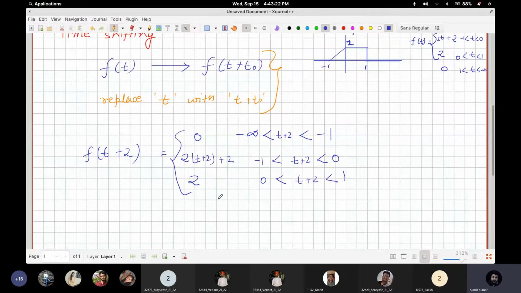And in the last one it's again going to be 0. Here you have t between 1 and infinity, so here I will be writing t plus 2 between 1 and infinity, right? This is what I was saying, that all we have to replace is t with t plus t naught, right?